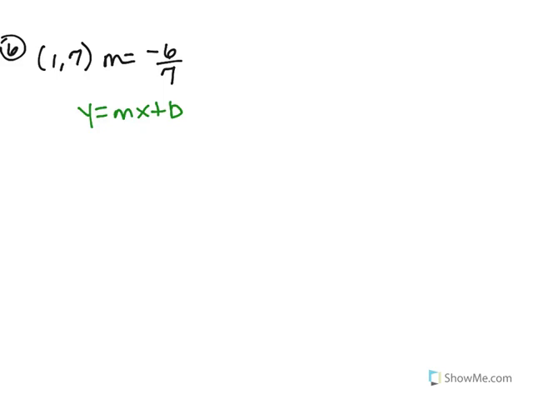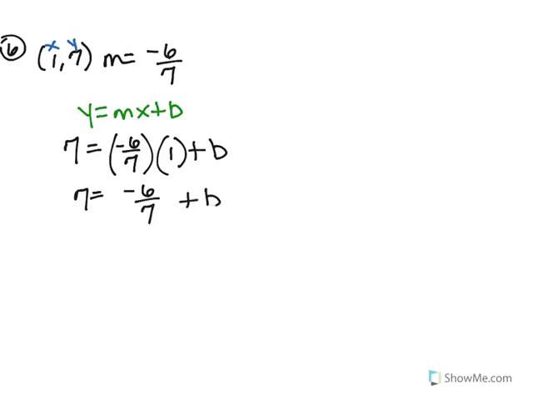So we know that our y number is 7. The m they gave us is -6/7. And our x is 1. And so we got 7 equals -6/7 plus b, because if you multiply it times 1, it's just that fraction. Now to get b by itself, you're going to do what with -6/7? We're going to add it to the other side and use your calculator. Remember how I told you how to type this in.